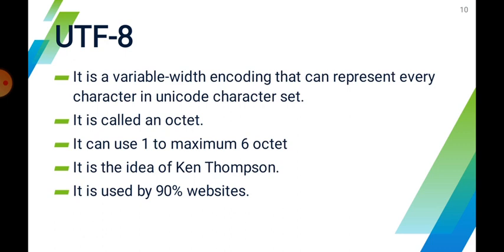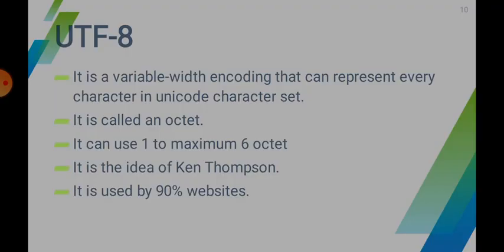It can use 1 to 6 octets, meaning it has various formations such as 1 octet, 2 octet, 3 octet representation, but at most it has gone to 4 octets. It is an idea of Ken Thompson, one of the creators of Unix, and it is the most favorite coding scheme for many websites. While making websites, 90% of website makers choose UTF-8.